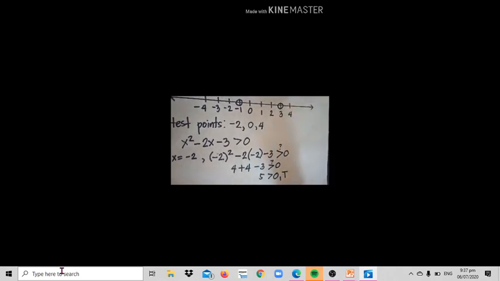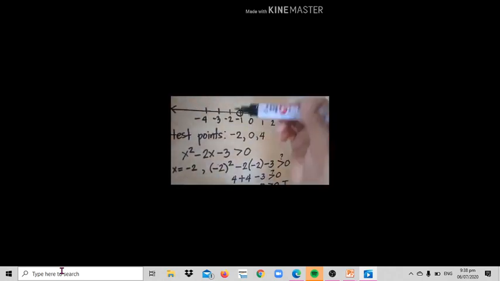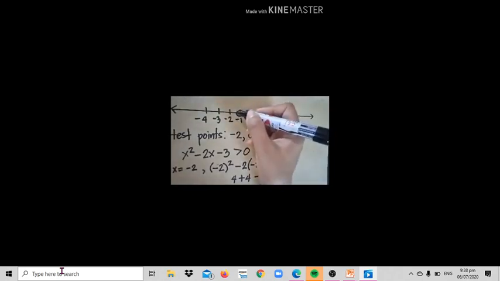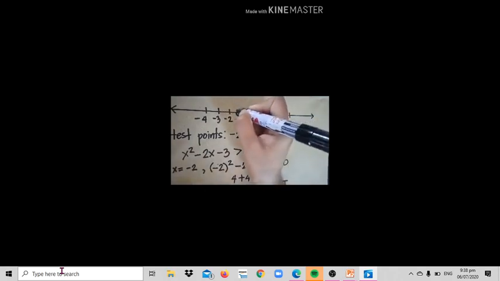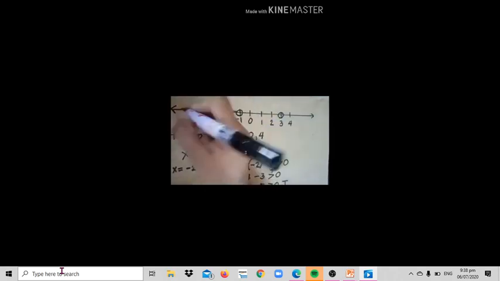So, ibig sabihin, yung test value natin na negative 2 is a part of the solution set. And negative 2 is a representative of this region. So, ibig sabihin, isi-shade natin itong part na to ng number line natin.